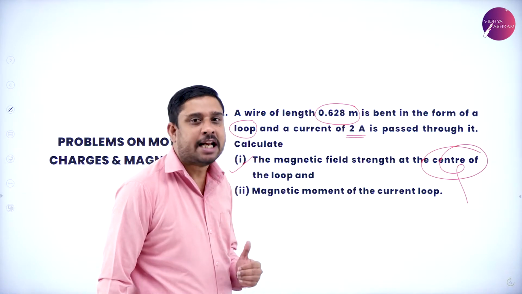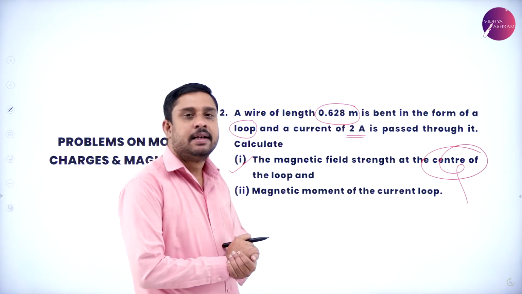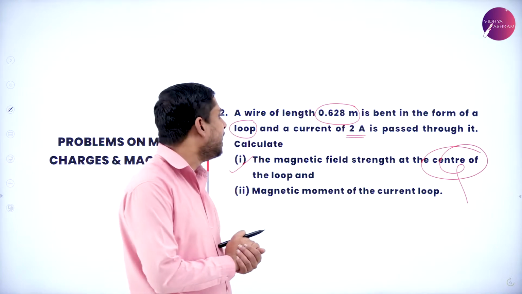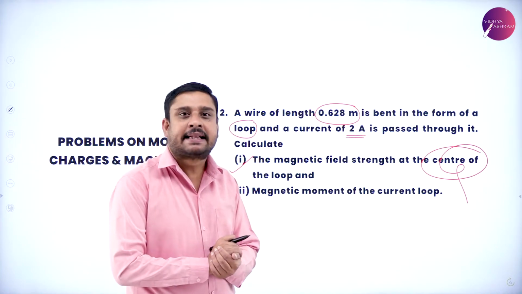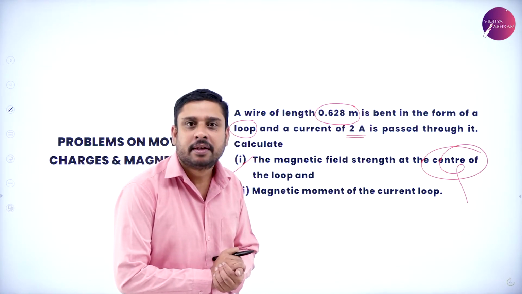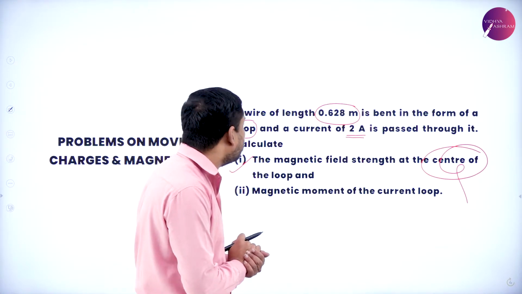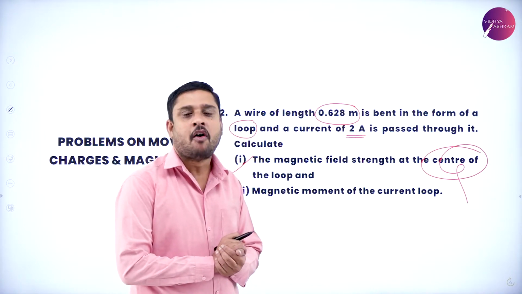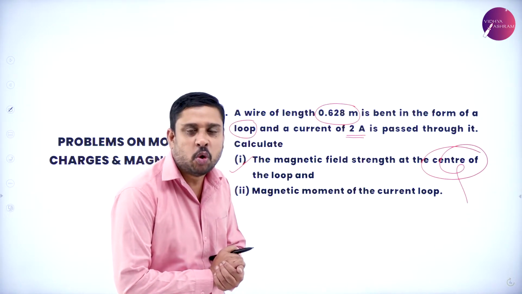I have to calculate the magnetic field at the center of the loop and magnetic moment of the current loop.